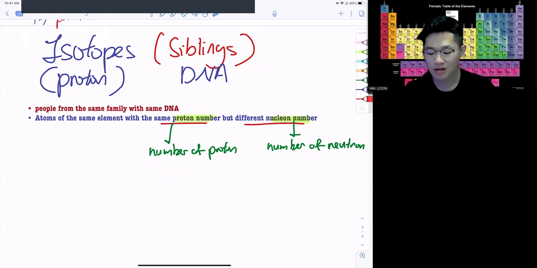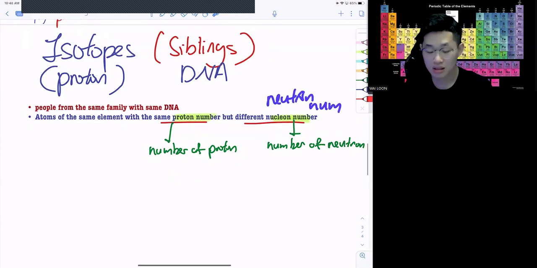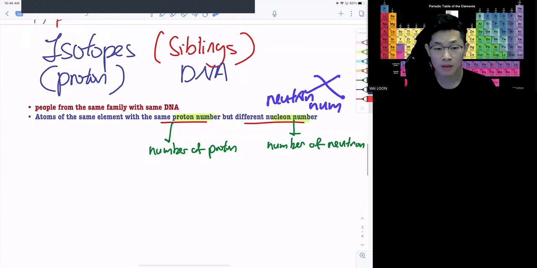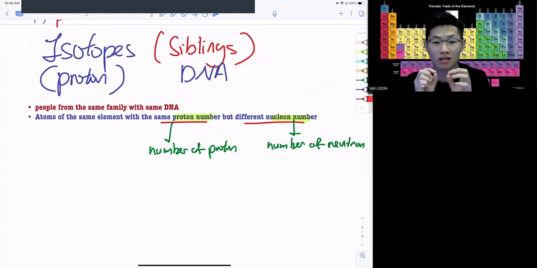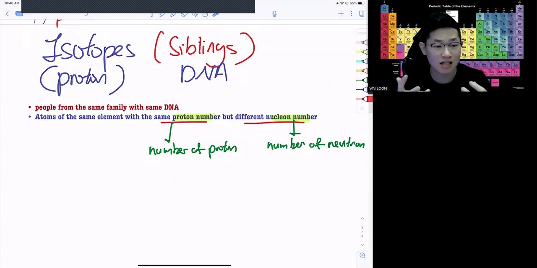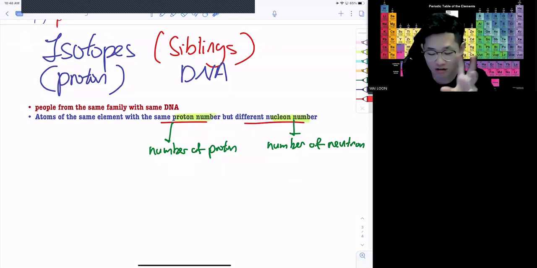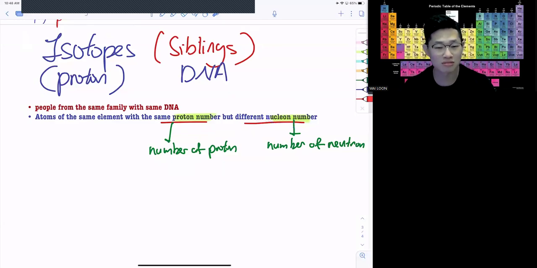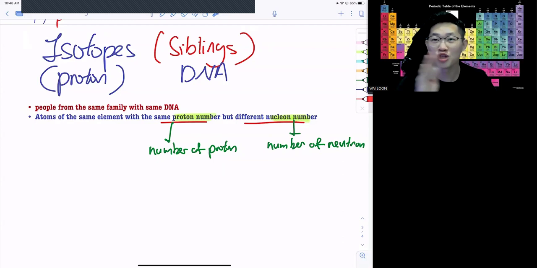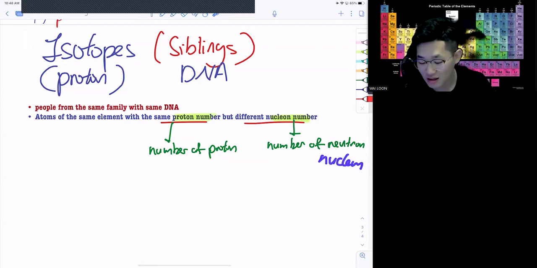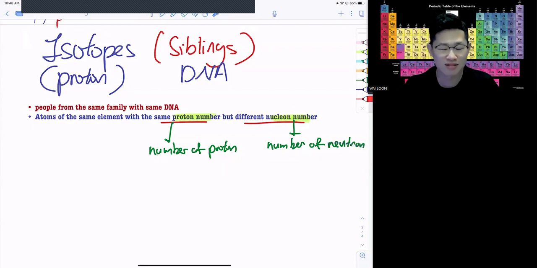You can't write different neutron number. Cannot. Because there's no such term. You are not allowed to create new terms yourself. We only created nucleon number and you have to use it. You can't create your own one, like number of nucleon. Not allowed.